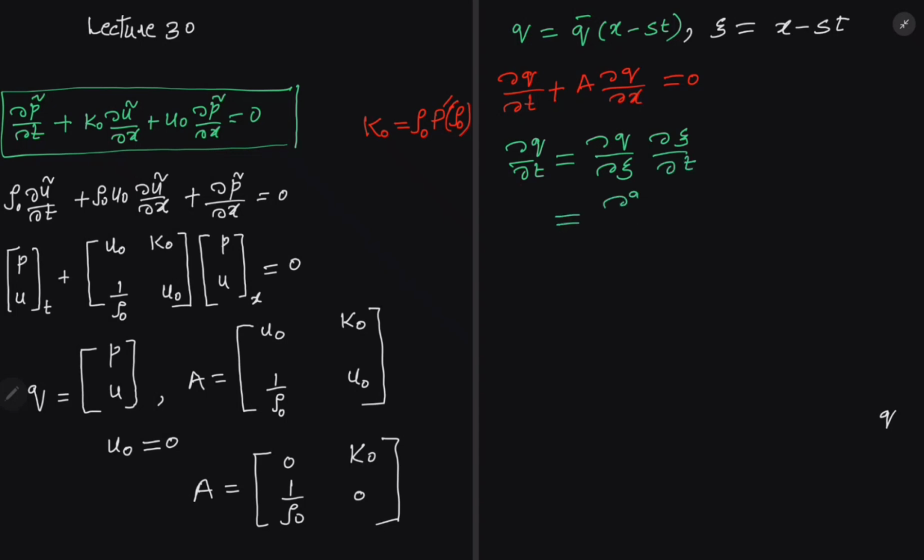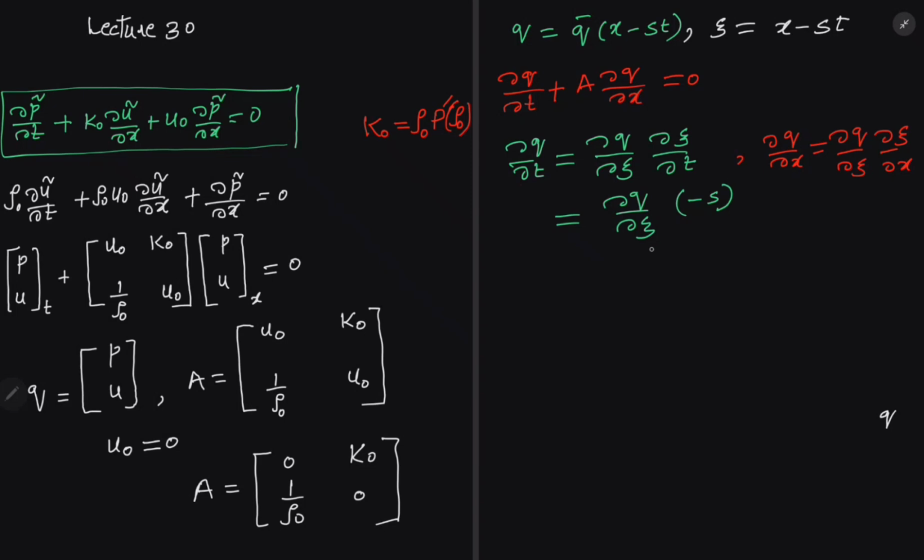We get partial q by partial xi, and partial xi by partial t will be equal to minus s. Remember that this is a vector quantity. Now, similarly, partial q by partial x will be equal to partial q by partial xi times partial xi by partial x.